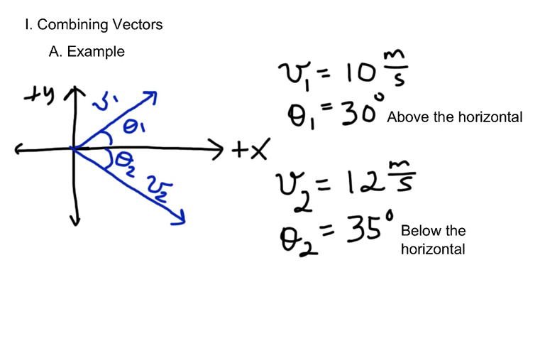So for v sub 1, resolving into components, I'm going to have a horizontal component, and I'm also going to have a vertical component. The vertical component, I want to call that v sub 1y, and the red component, I want to call that one v sub 1x.